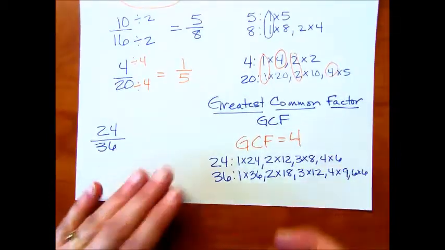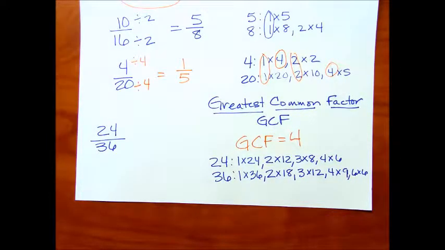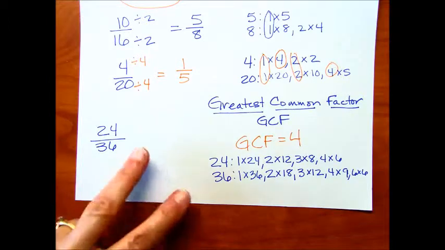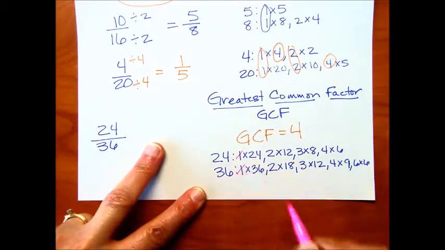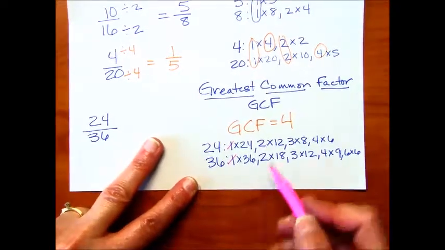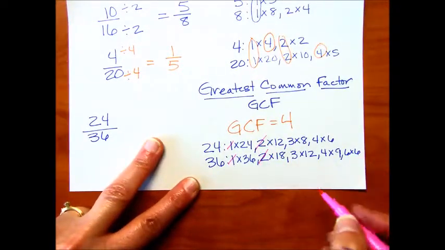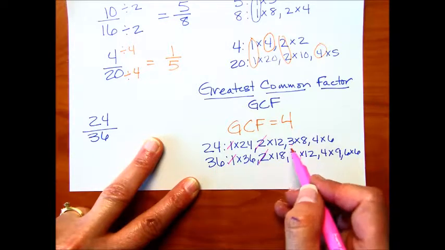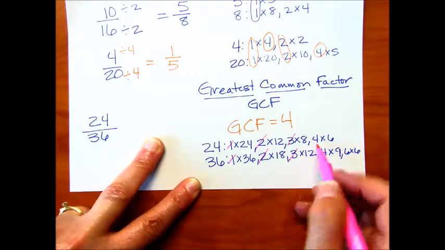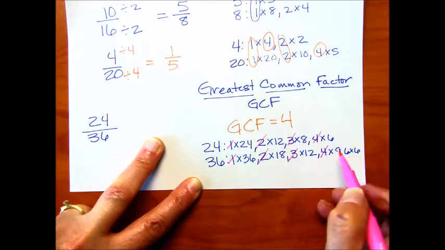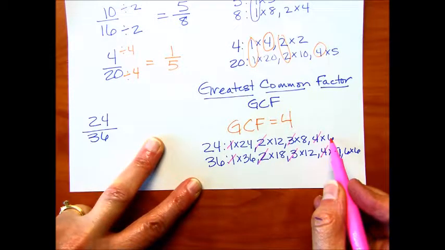Okay, I've got lots of factors here, so be really careful when you're trying to find them. I'm going to cross off the ones that I have in common. So the 1s are common, so are the 2s. Looks like 3s are common. 4s. Then I have a 6 here.